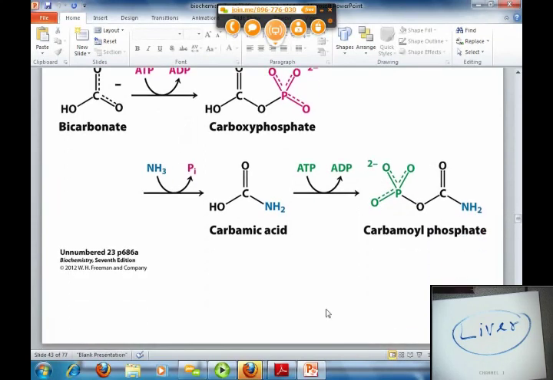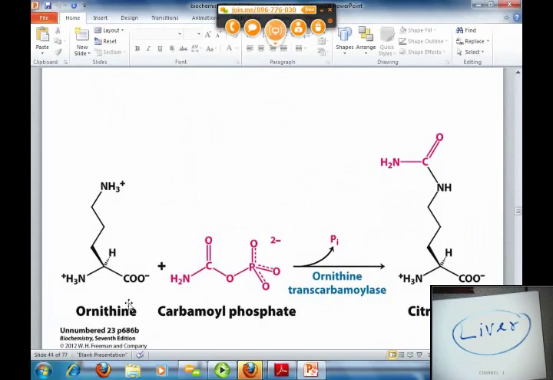Okay. Now the carbamyl phosphate with ornithine, this is the ornithine molecule, carbamyl phosphate getting into the ornithine transcarbamylase reaction, where it will produce more citrulline, C double bond O NH2 here, okay, and NH here. So when it cleaves here, CO NH2, the urea will be released, but it requires arginine.